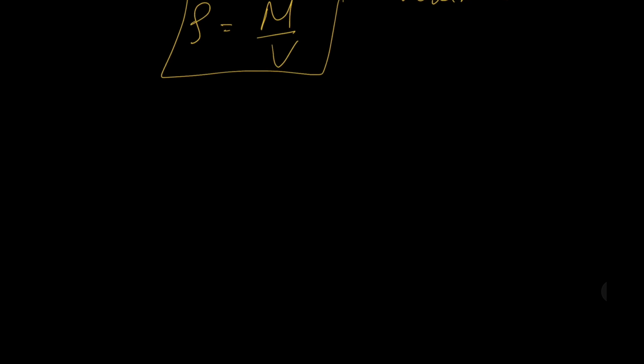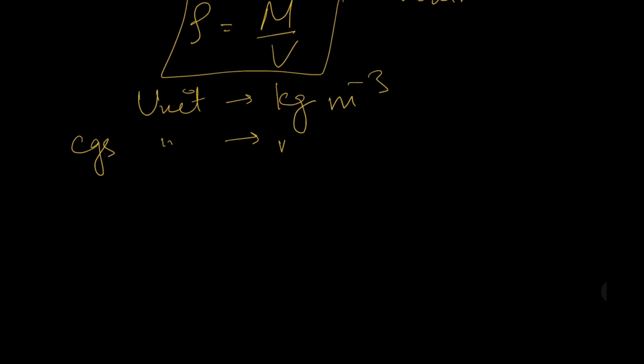Since density is the ratio of mass and volume, its unit is kilogram per meter cube, and the CGS unit is gram per centimeter cube. Density is a scalar quantity.